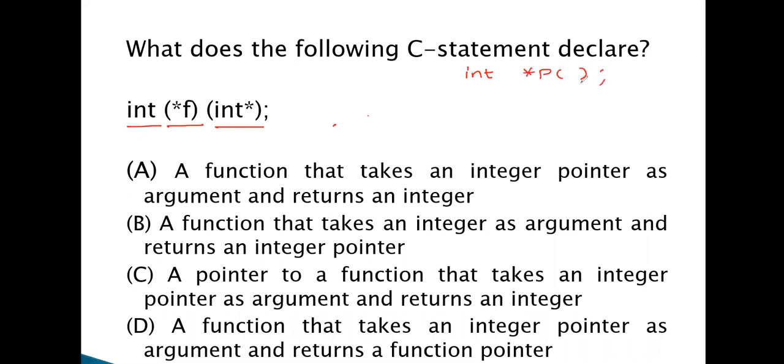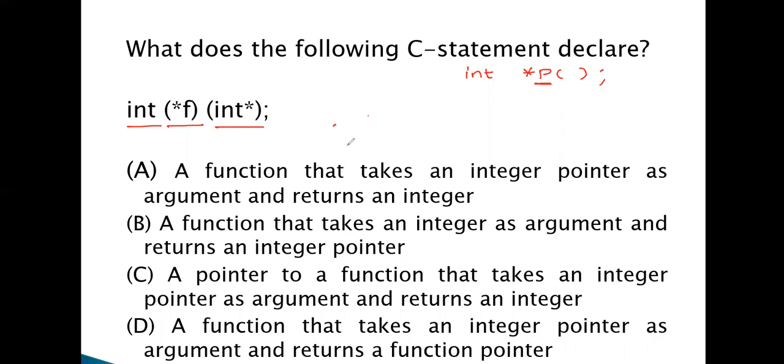Assume a simple example, int (*p)(). What is the meaning of this one? In the case int *p(), p is normally a function. In this case, p is a pointer which contains the address of a function.